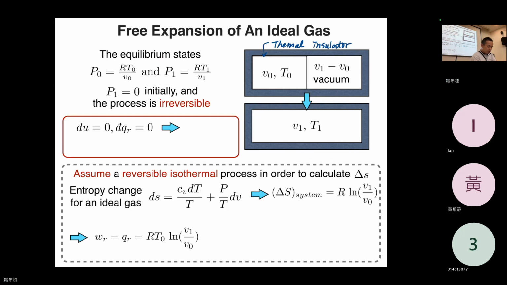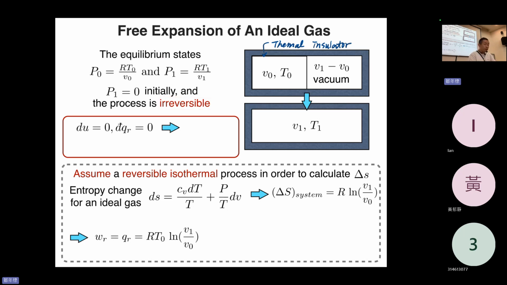The initial state is T0, V0, no problem, and the final state will be T1, V1, no problem. The pressure on the right is initially 0, of course. And the process is irreversible. This is really important.